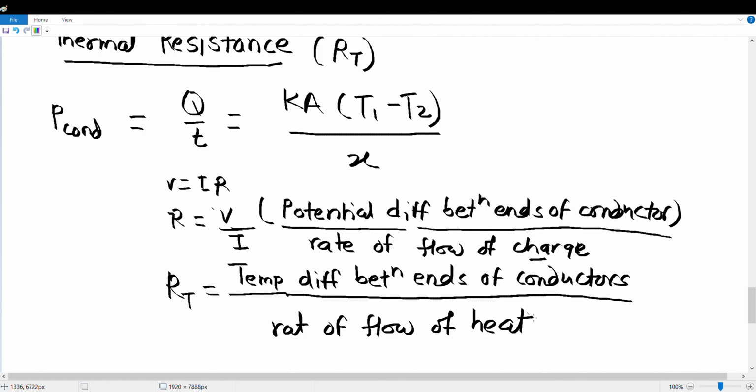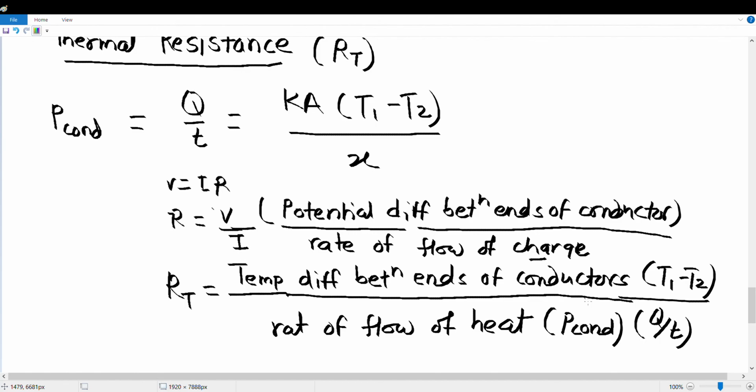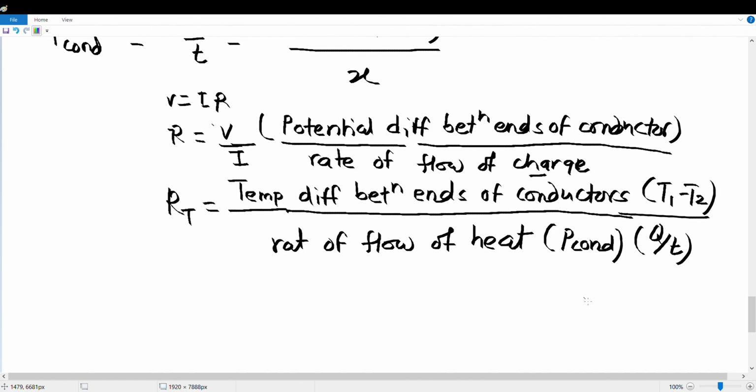At what rate does that heat flow? This rate of flow of heat is P conduction, that is Q upon t, and this temperature difference is T1 minus T2. From this we say that this RT is equal to T1 minus T2 divided by P conduction.